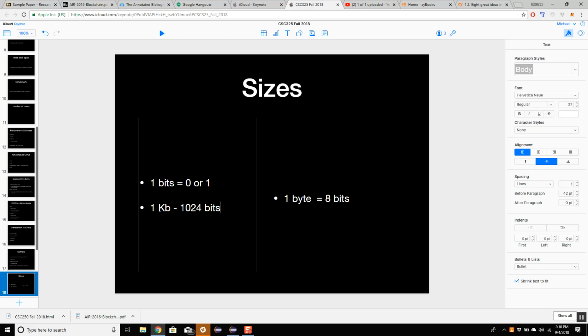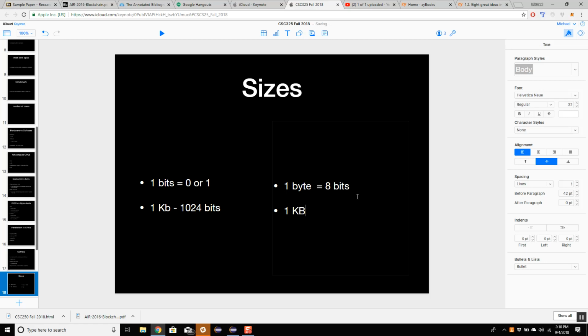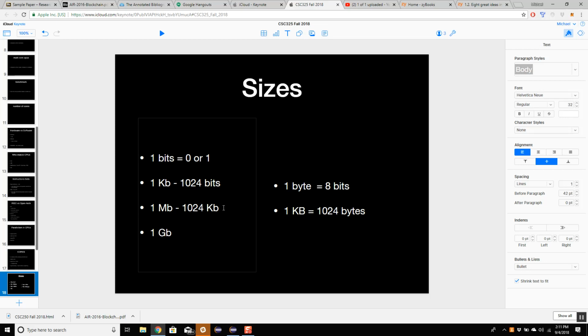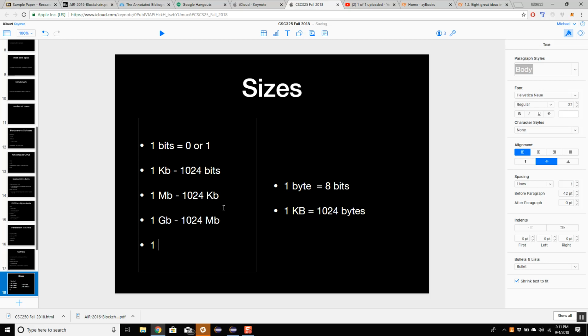So small b means bit. 1 kilobyte, big B, is equal to 1,024 bytes. 1 megabit, small b, is 1,024 kilobits. 1 gigabit is 1,024 megabits. 1 terabit, which actually is not a very common thing you will hear today, but eventually it will be, is equal to 1,024 gigabits.